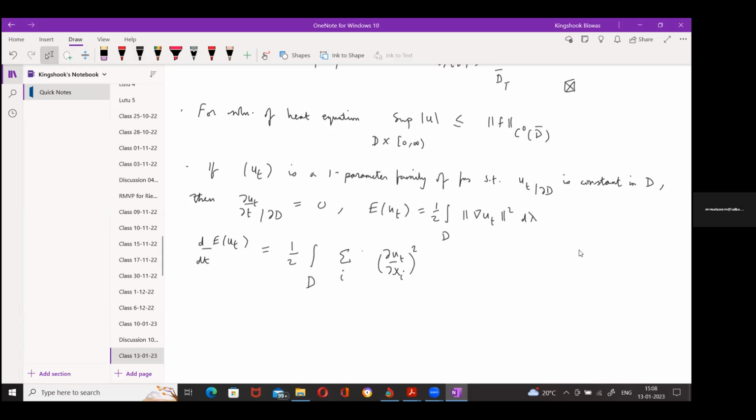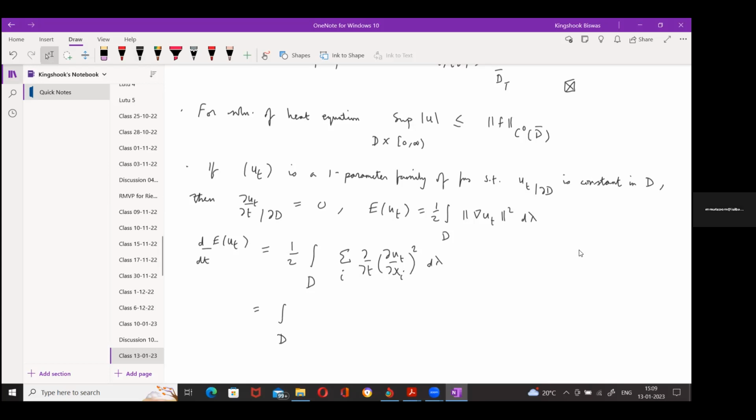By differentiation under the integral sign, I take the derivative inside the integral. So when I differentiate, I'll get twice del u_t del x_i into del t of this. So the twice will cancel with the half.